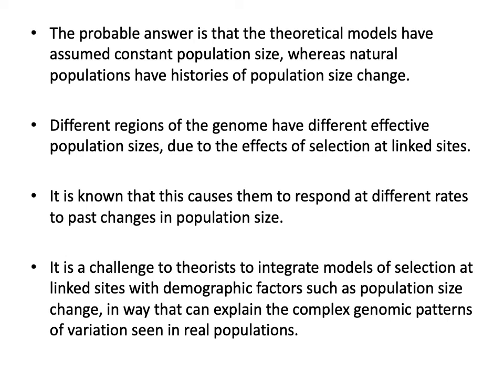So it's a challenge to theorists to integrate models of selection at linked sites with demographic factors such as population size changes in a way that we can explain the complex patterns that we see in genomes in real populations. And I hope to live long enough to see progress towards resolution of this paradox.